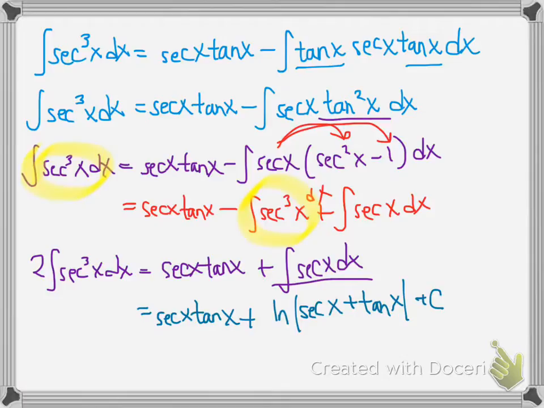And then all I have to do is get rid of this constant. It's really 2 times the integral of secant cubed x dx equals all of this. So I'm going to divide by 2 everywhere, or multiply by a half.